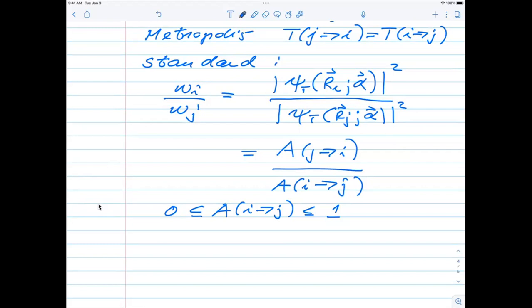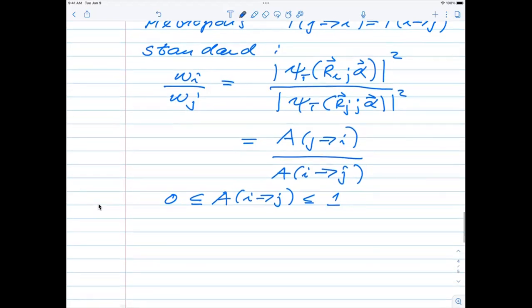This is one of the basics of the Metropolis algorithm, which simplifies the calculations. If this ratio is larger than or equal to 1, that means that we go to a region with a higher likelihood, and then we put this A of j going to i. I hope you can see the distinction between my j's and i's. We put that one to the maximum value.